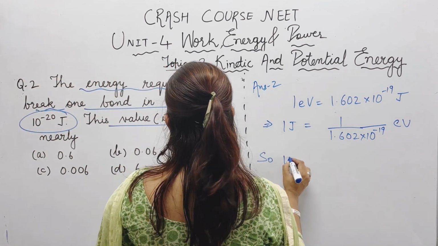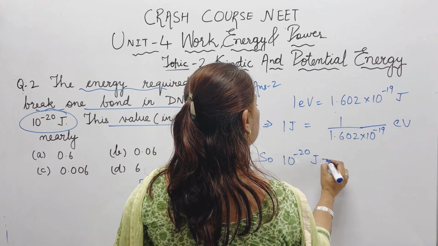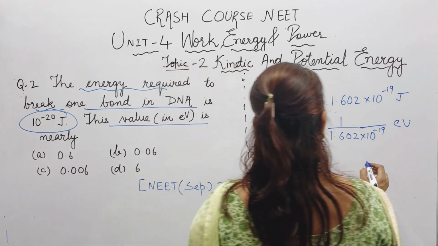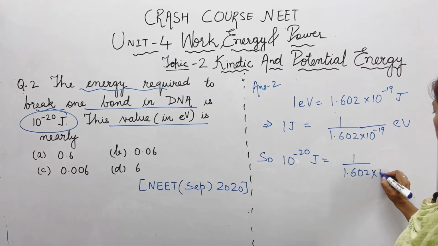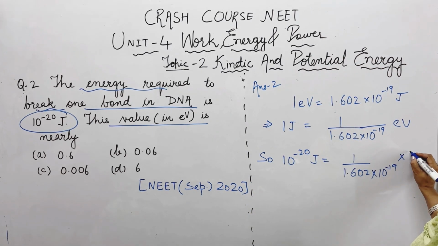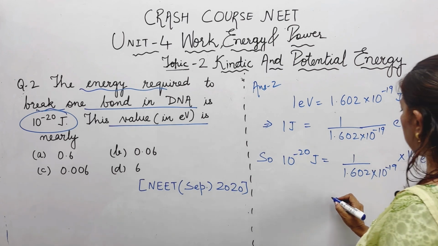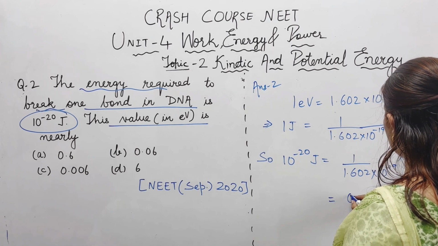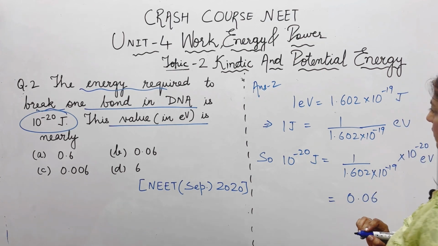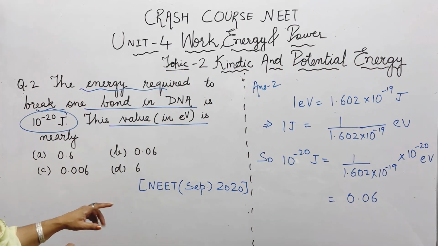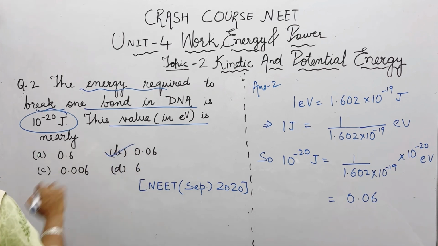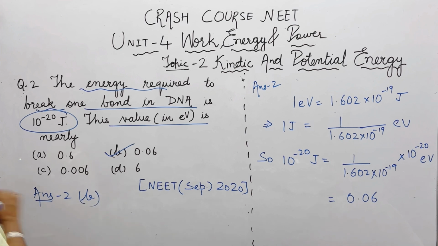So 10 power minus 20 joule is equal to 1 upon 1.602 into 10 power minus 19 into 10 power minus 20 electron volt, and this value is nearly equal to 0.06. So if we look at the options, our answer goes with the option number B, and the answer for the second one is option B.